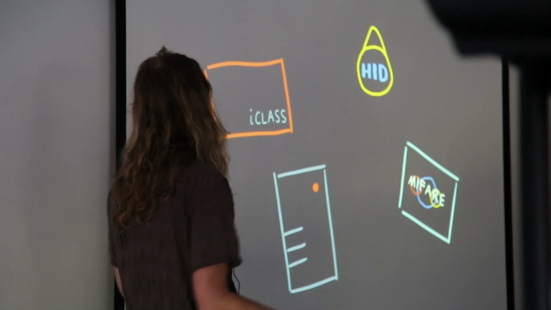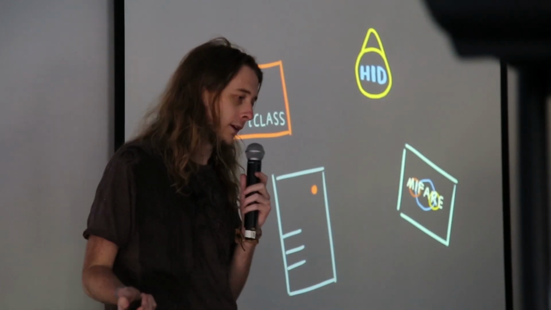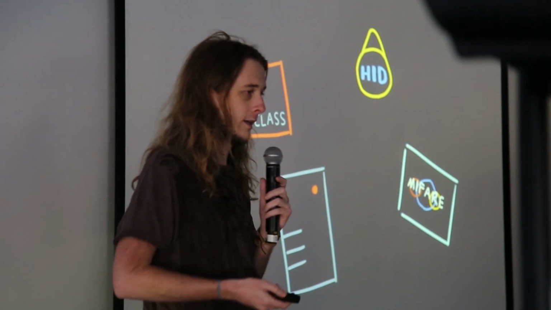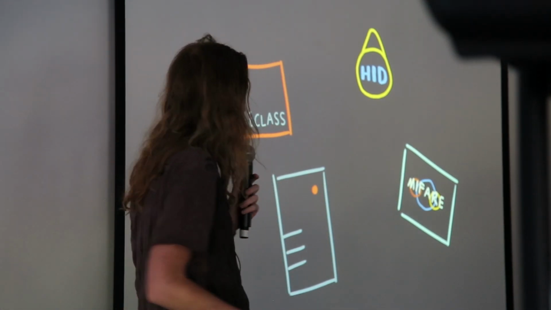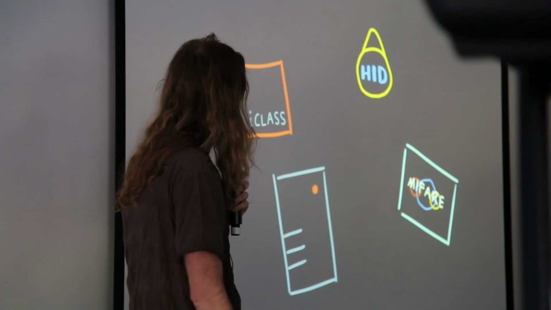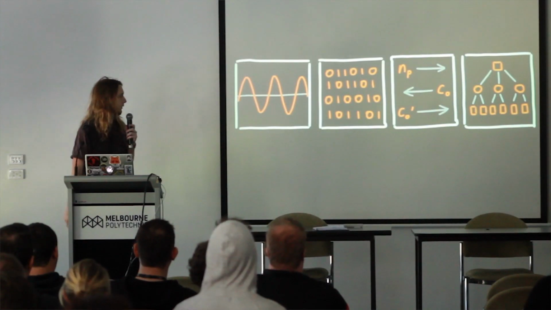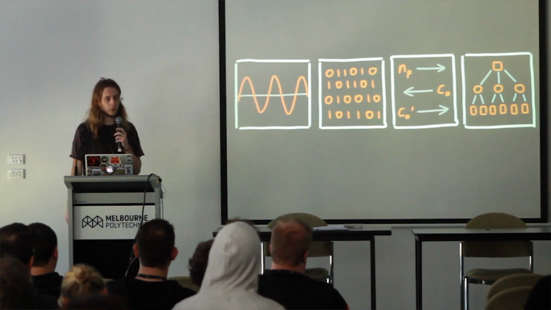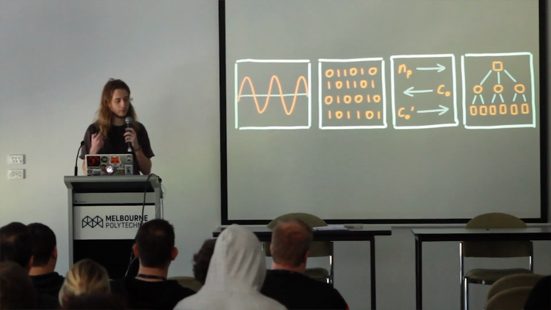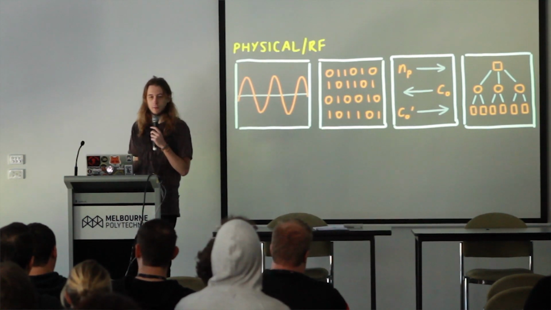So there's a whole range of access control things, and normal people like us have access to these things just like in our workplace or where we live, that sort of thing. So they're not unusual things to see, but there's lots of them. So I've classified them into four different ways to talk about them.